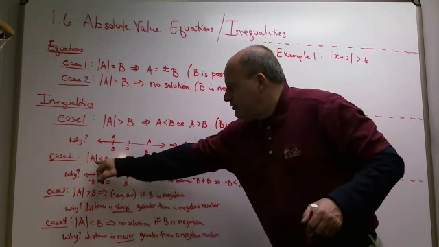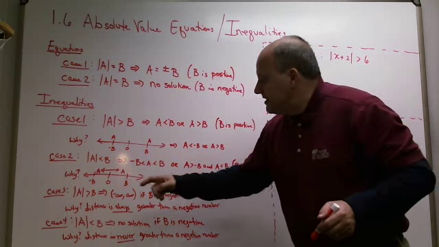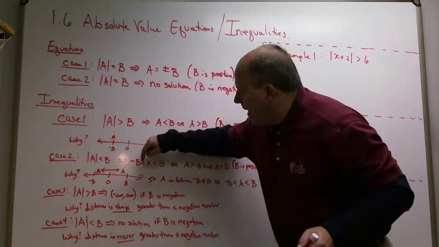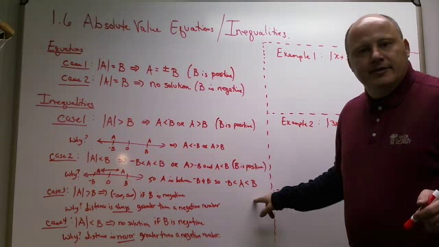Okay, if absolute value of A is less than B, that means A is somewhere between negative B and B because it's closer to 0 than B is. And so that means A is on the right side of negative B because it's got to be closer to 0, or A has to be on the left side of positive B because it has to be closer to 0. So A is in between those 2 numbers. That's what this is saying right here. A is between negative B and B, so you write it this way.